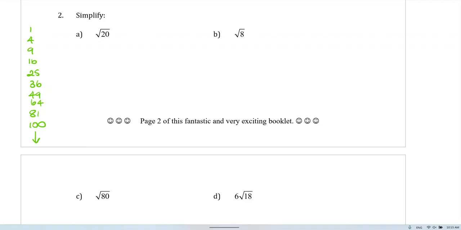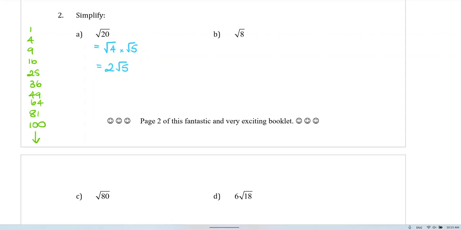So I split the surd into the times table I just worked out: square root of 4 times square root of 5. Then you can square root the perfect square. The square root of 4 is 2, and you put it next to the root 5, and that is a simplified surd.